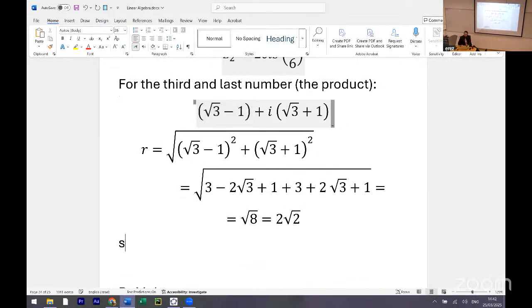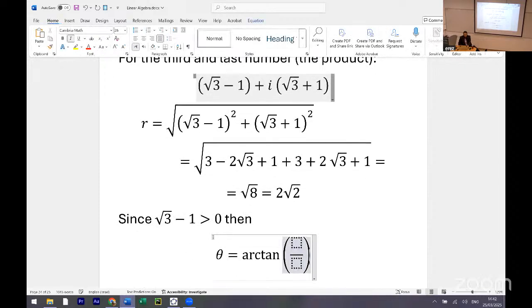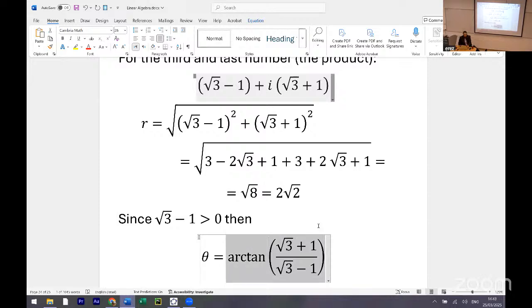So since the square root of 3 minus 1 is positive, then theta, the angle, is just arctan, without the plus pi, of the imaginary part over the real part. And now we use the calculator to get 5 over 12 pi, surely.